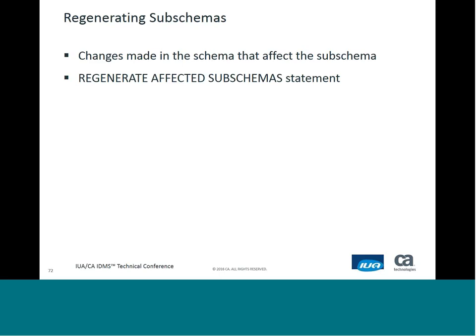That will cause the subschema compiler to be invoked for each of the subschemas that are associated with the schema that has been modified. And we'll go through any validation processing for the subschemas and also create your new load modules for each one of those subschemas. And those load modules will be placed into the dictionary load area.